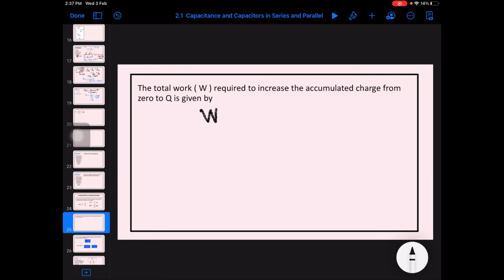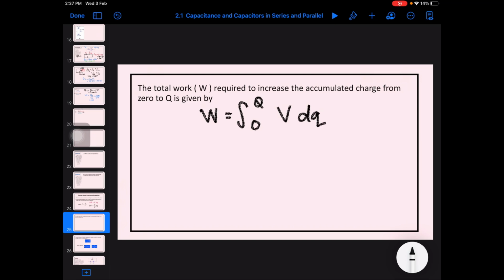So W is equals to from 0 to Q, it is V dq ataupun V delta Q, V dq.